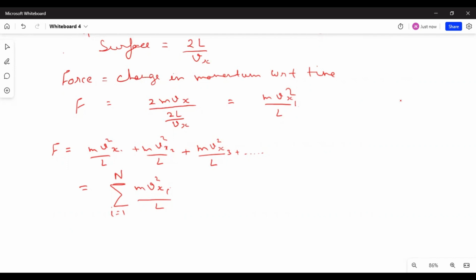Now, what will be the total number of electron particles? Here, the electrons are assumed as particles, like an ideal gas. It will be the number of moles multiplied by the Avogadro number.